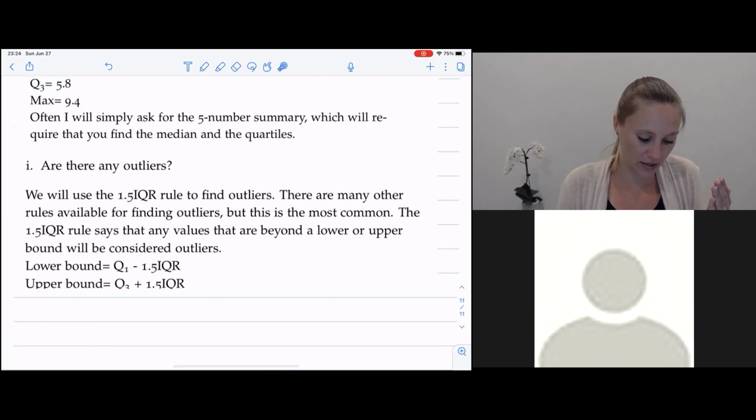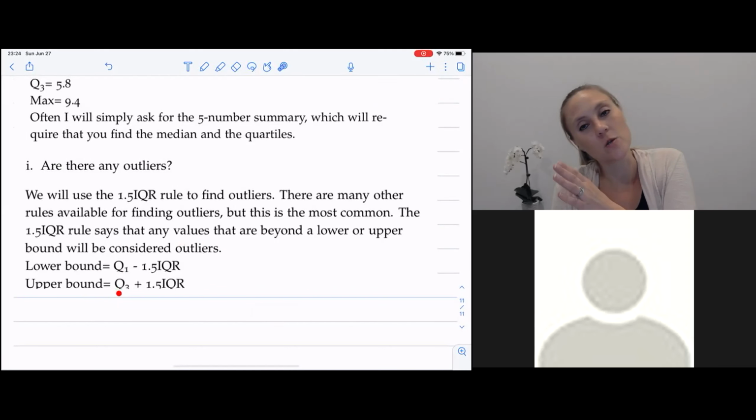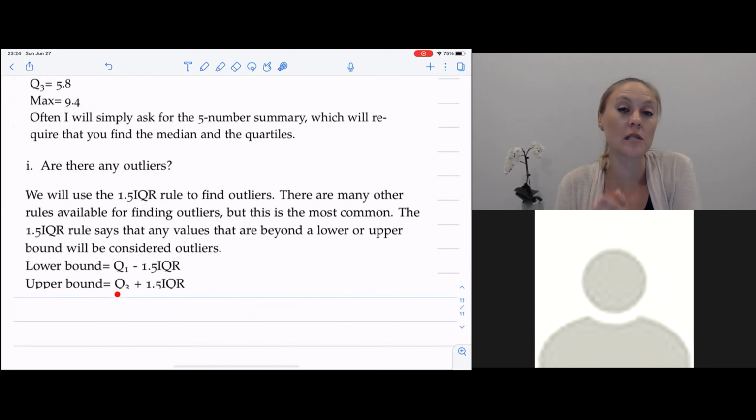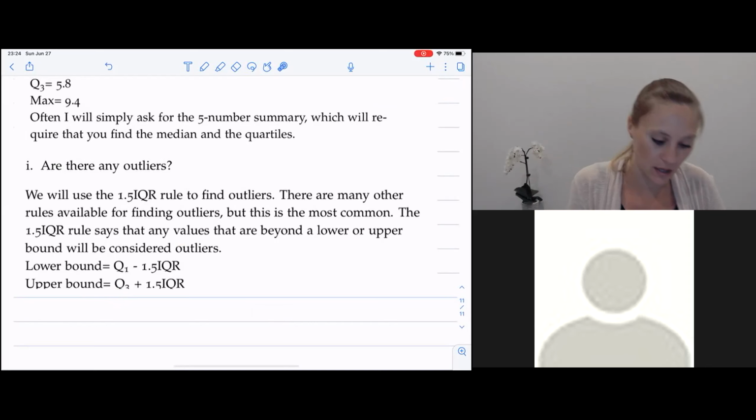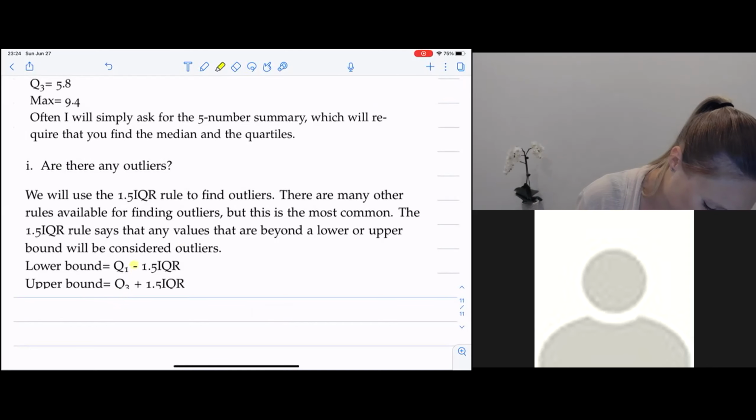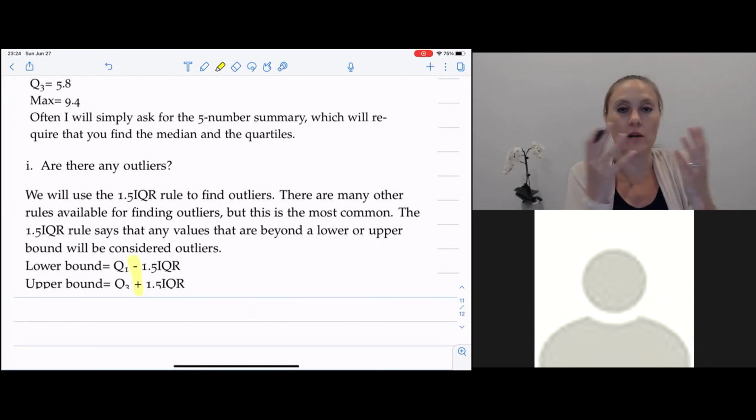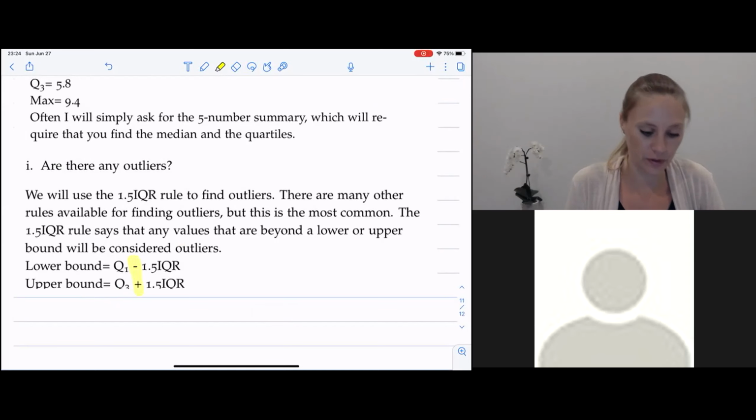Whereas the upper bound, it got cut off here, but you can probably figure it out. The upper bound is Q3 plus 1.5 times the interquartile range, because I want to go up from Q3. I'm going to highlight these differences because I want to move from the quartiles and out, respectively.